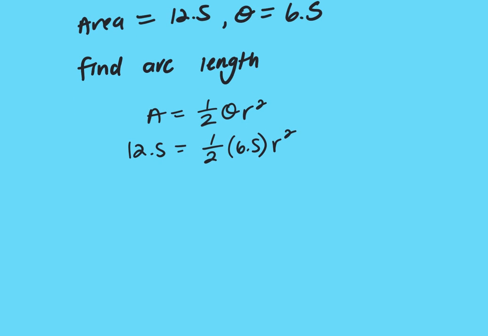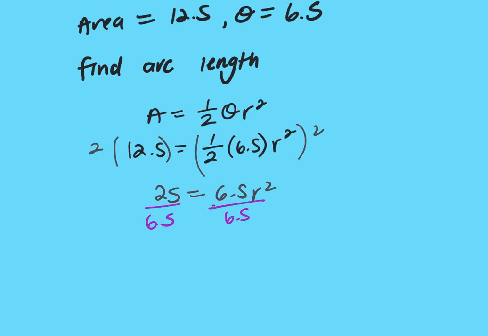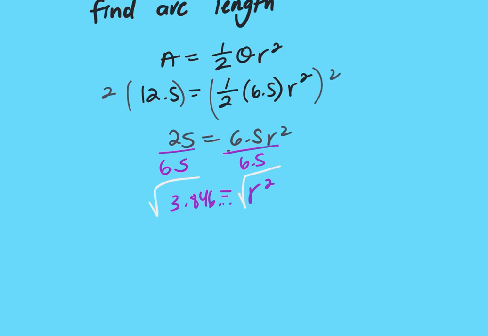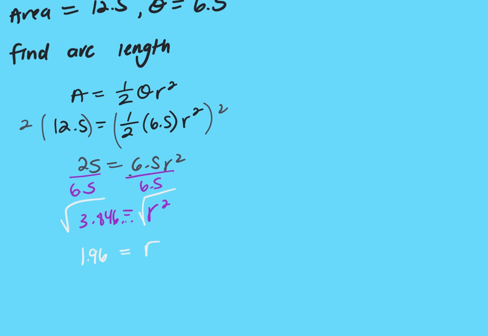Multiply by 2, so 25 equals 6.5 R squared. Divide both sides by 6.5. R squared equals 3.846, and so on. Square root both sides. R is 1.96, and then I would use that to find the length. Theta is still 6.5, and now my R is 1.96.